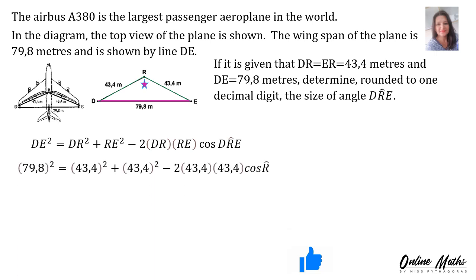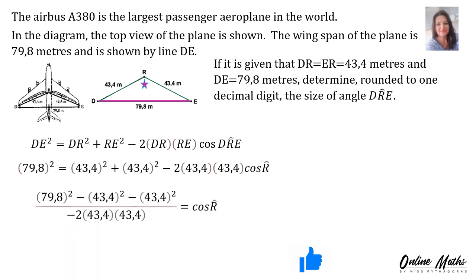Let's substitute. In DE's place, 79,8 squared equals DR and RE will be 43,4 squared plus 43,4 squared minus 2 times 43,4 times 43,4 cos of R. And then in the next step, you'll see what I did here.